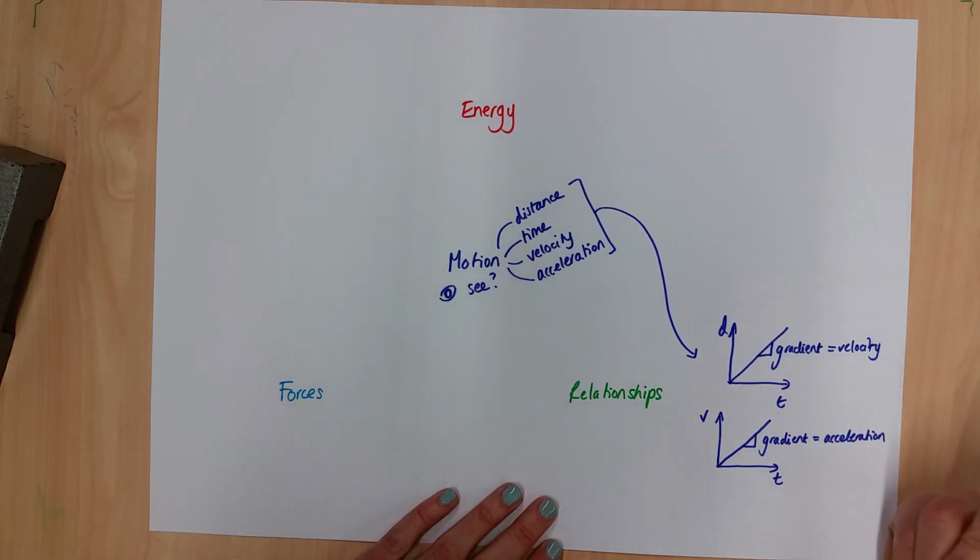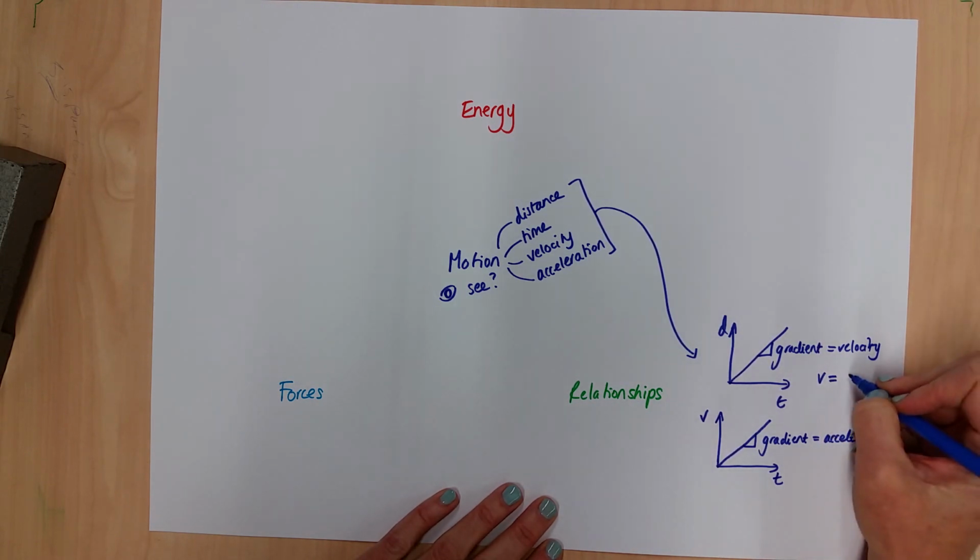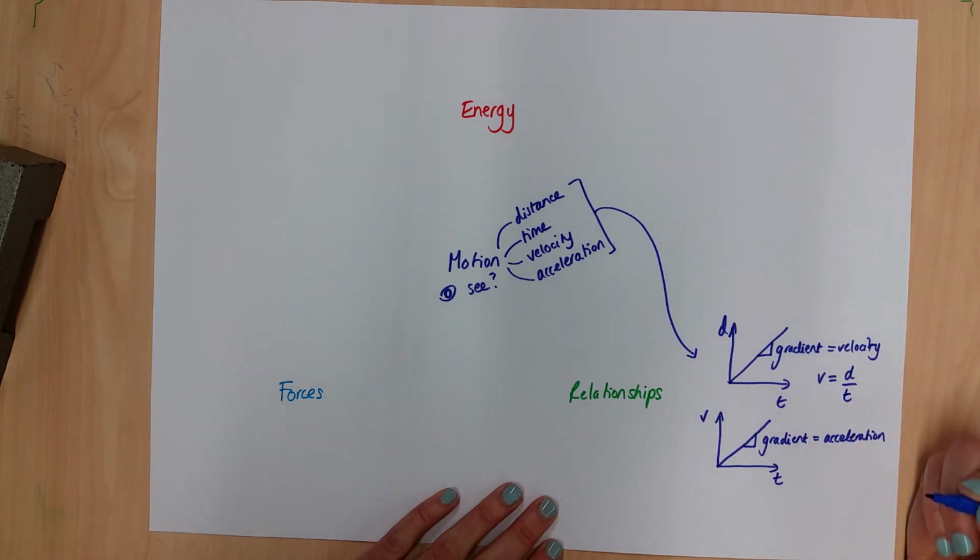And that's really handy. Another handy way to describe that would be using some maths. So looking at v for velocity, which is equal to distance divided by time. So we can actually start doing some calculation and come up with some numbers. If we know how far your car has moved and how long that took, we can figure out its velocity.